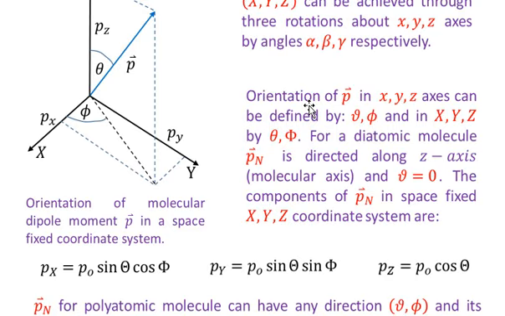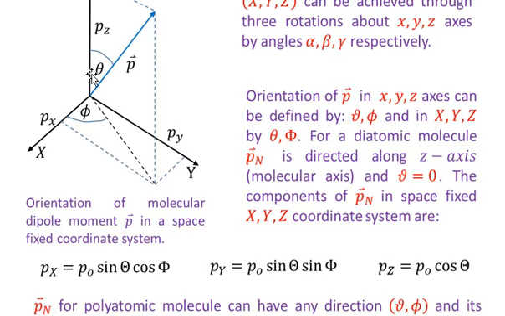Because you know that theta is the angle which the vector makes with the Z axis. So when that vector coincides with the internuclear separation or with the Z axis, then theta will be equal to 0. The components of Pn in the space fixed capital X, capital Y, capital Z coordinate system are now given.